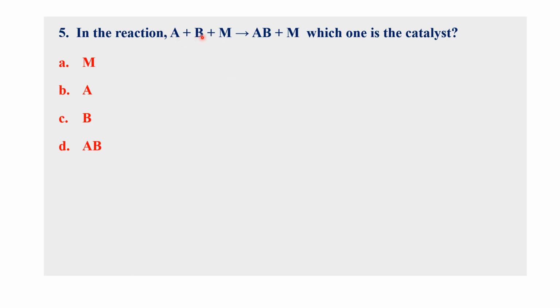Now A plus B will result in AB. Here M is given in the form of M, and in the product side the M is also given in the form of M, which means it is not reacted with any other species. Now it is recovered at the end of a reaction, and the catalyst is also recovered at the end of a reaction. So the catalyst is M.